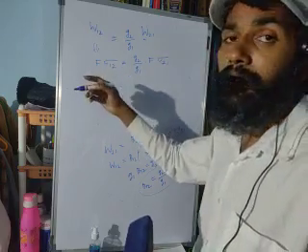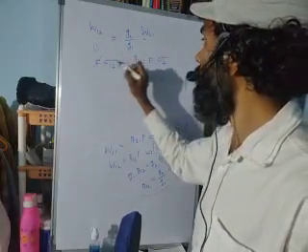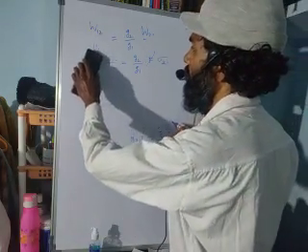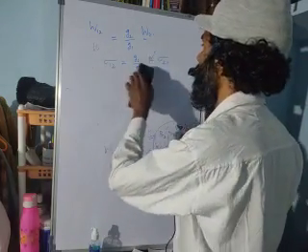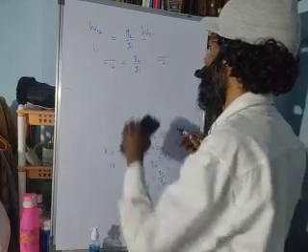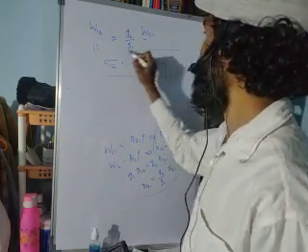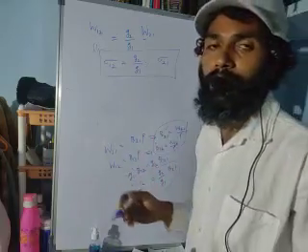I can also cancel out F on both sides because it is there on the left-hand side and the right-hand side. So I will get sigma 12 being equal to G2 by G1 into sigma 21.